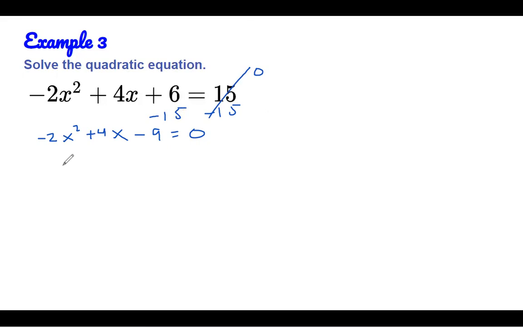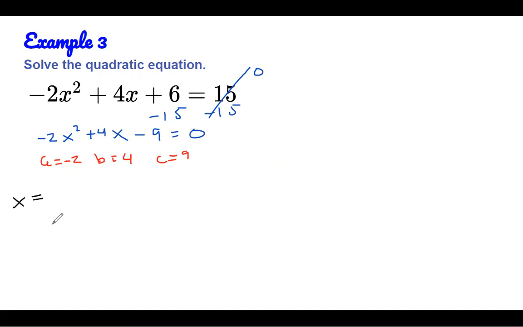Yes. Sean, what's my a, my b, and my c? Negative 2, 4, and c, negative 9. All right, let's plug everything into our equation. Let me know if I'm going too fast, guys. All right, Mia.